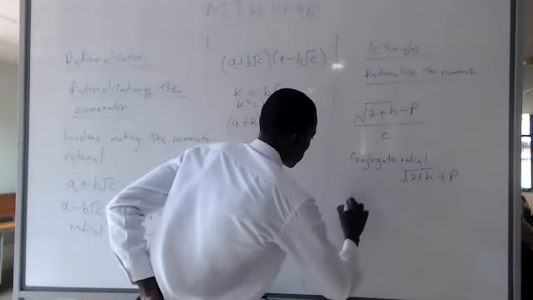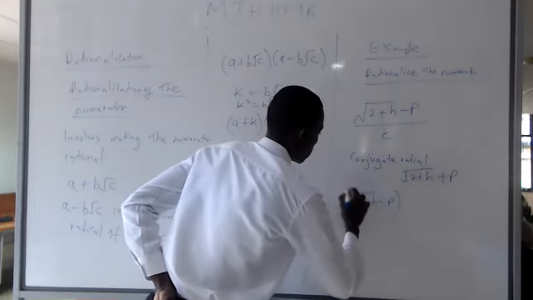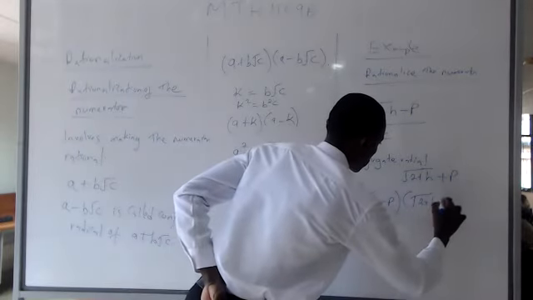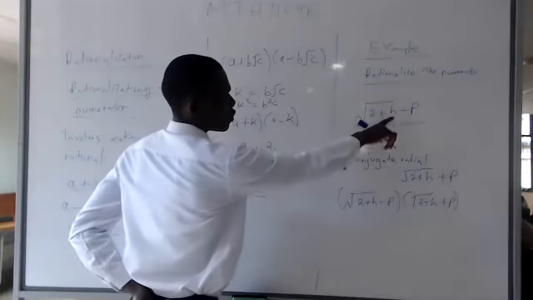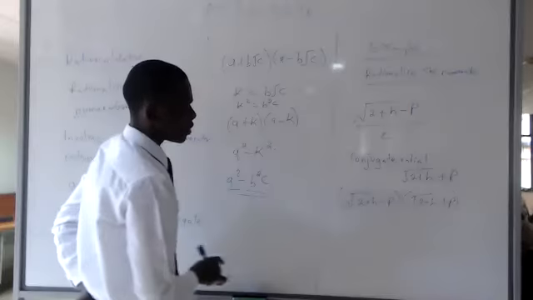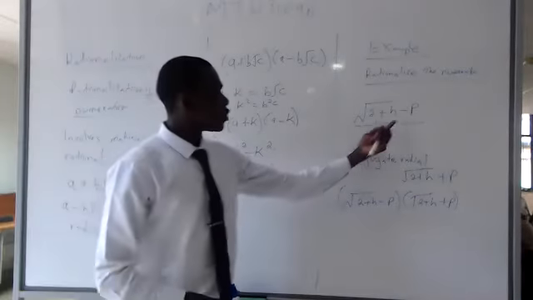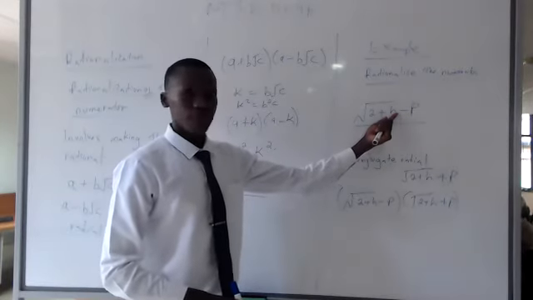We'll have square root of 2 plus h minus p, all these times square root of 2 plus h plus p. Isn't it 2 minus h? No, we change the sign outside, the sign outside the root.